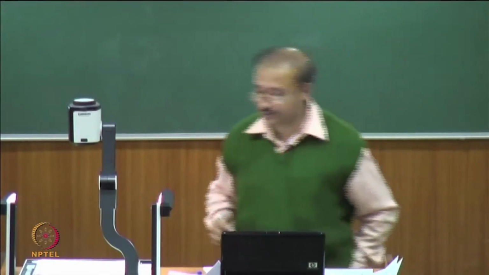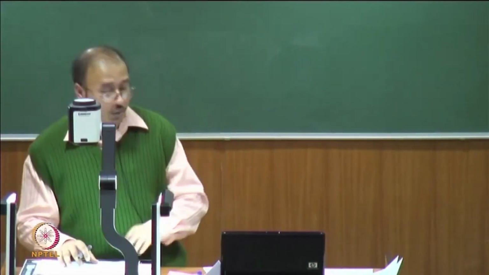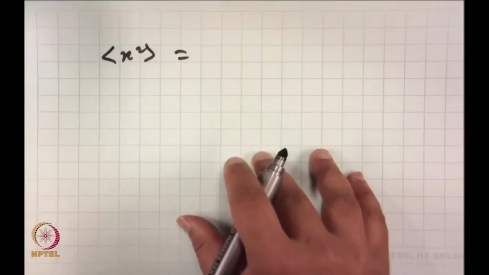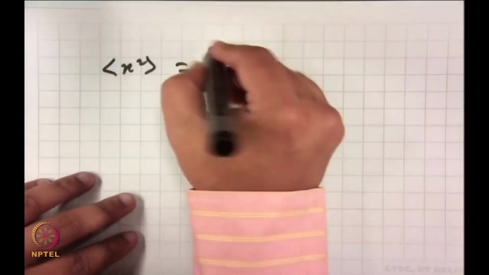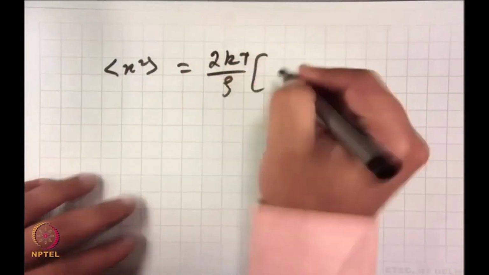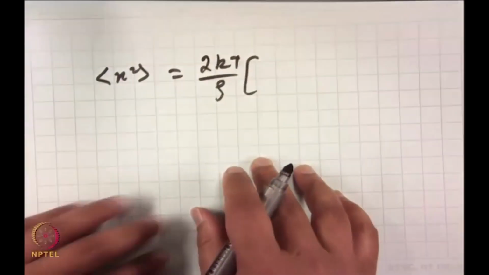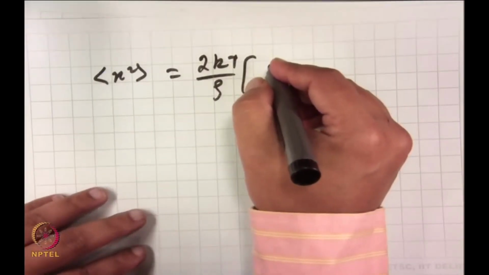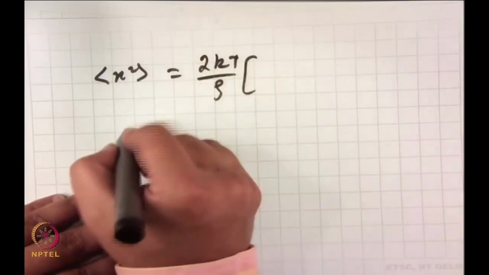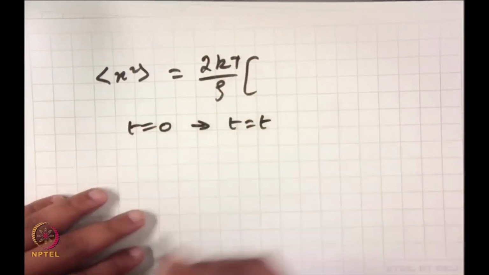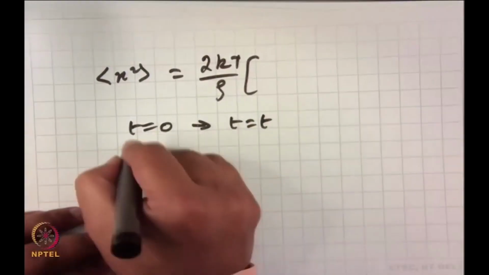So if I do the integration, I would be having 2kt over xi. Now, what is the first term going to give me? Remember, we are integrating between 0 and t, so the limits are t equal to 0 to t equal to t.